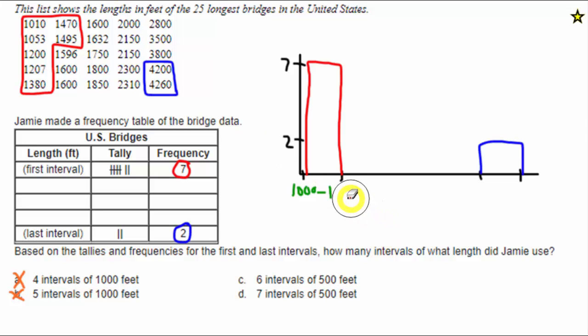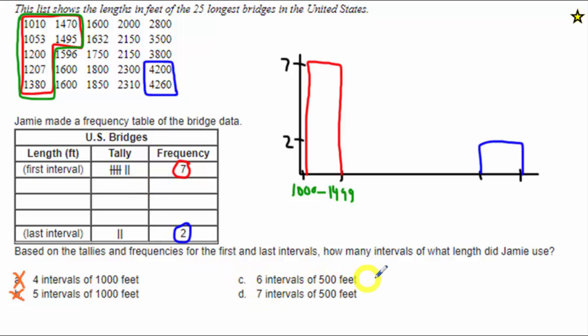That would make the end of the interval stop at 1,499, so now this is an interval that is 500 units wide. And if we look at our data, we need any data points that are between 1,000 and 1,500, which is exactly the 7 that we've already marked, which confirms that intervals of 500 is what we want.